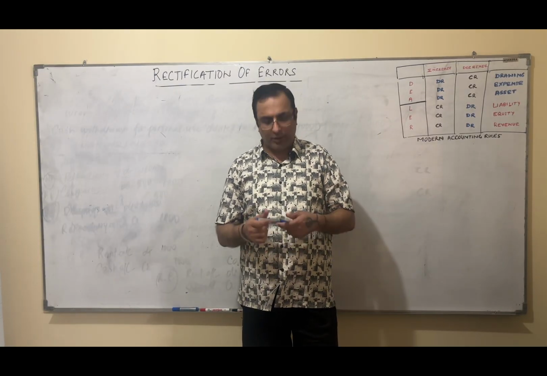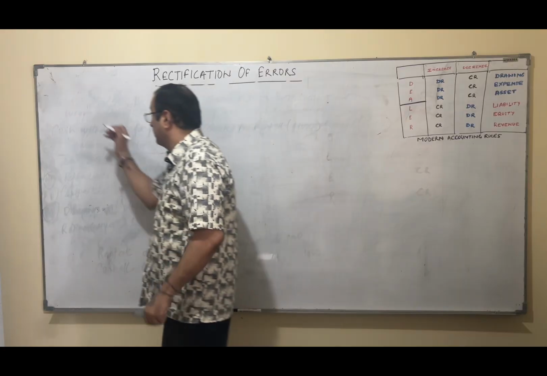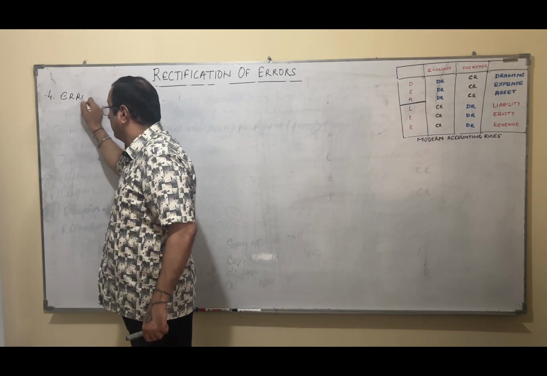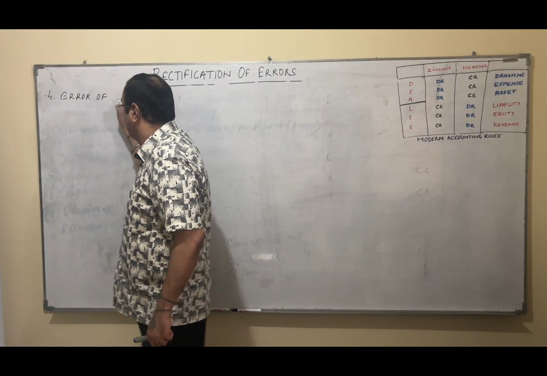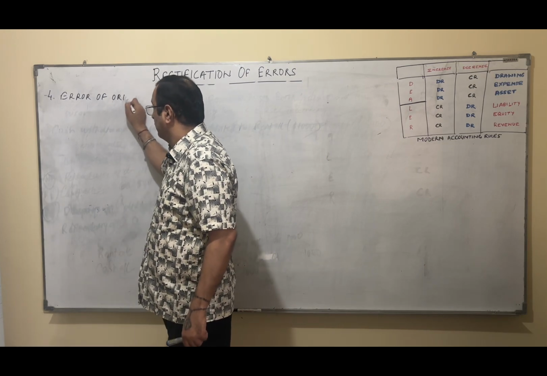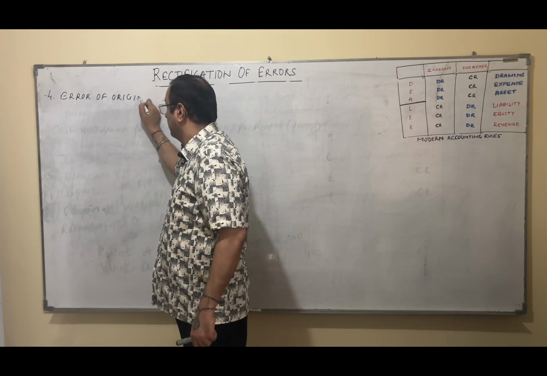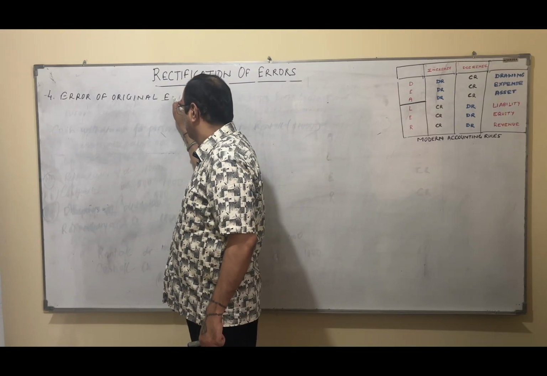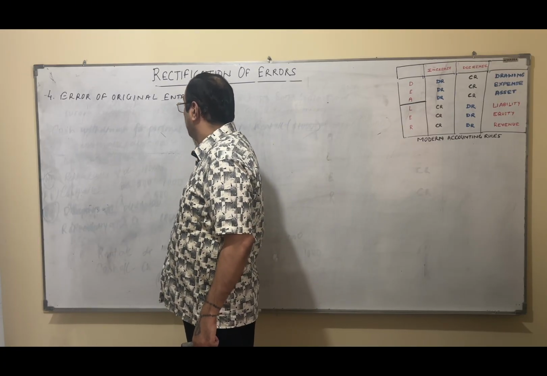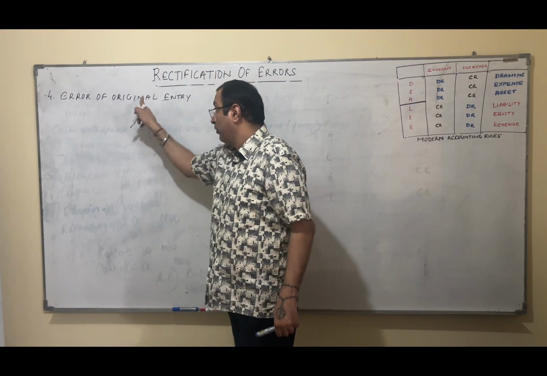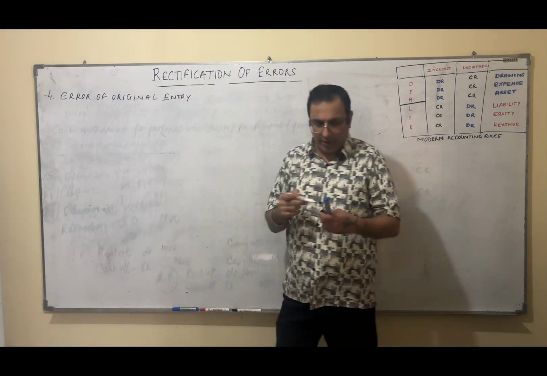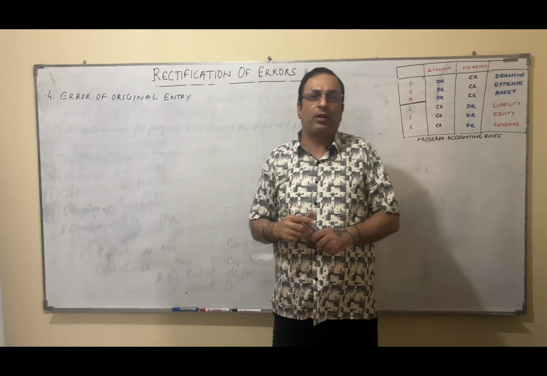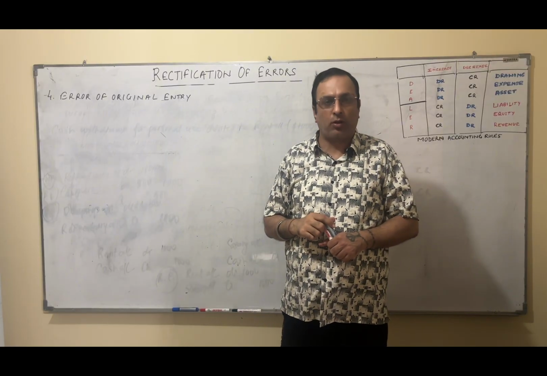Now let us move to the next error, which is error of original entry. Guys, if you remember in my last video, I told you that once we have identified the financial transactions, we start recording them.